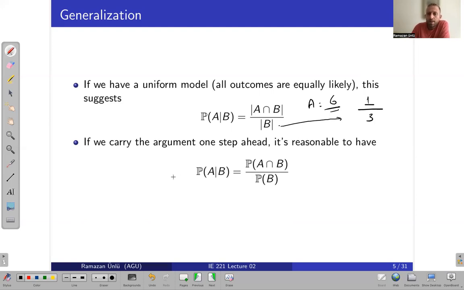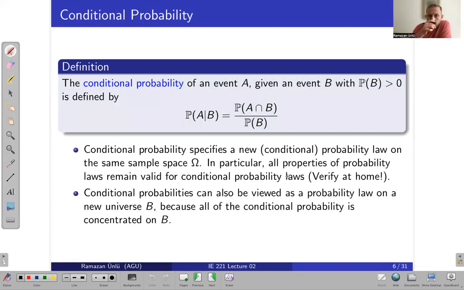So if we generalize these rules for any kind of model, we can write the conditional probability P of A given B as P of A intersect B divided by P of B. We can define this conditional probability of an event A given an event B with the probability of B greater than 0.